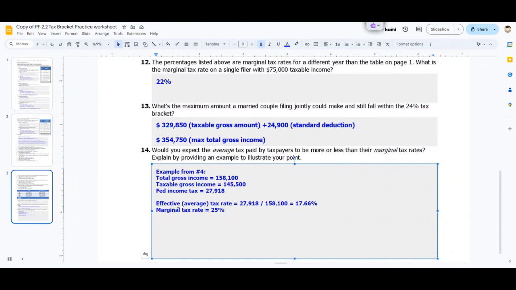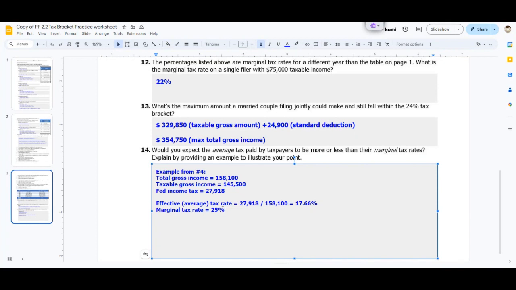So they fell into the 25% bracket, but not all of their dollars were taxed at 25%. That was the maximum percent that they were taxed at, right? Some of their dollars weren't taxed at all because they were able to deduct it. Some of their dollars were taxed at 10%. Some of their dollars were taxed at 15, and only some of their dollars were taxed at 25. So if we average different numbers and the highest is 25, of course that average is going to be less. All right.